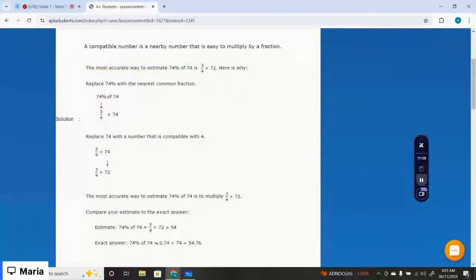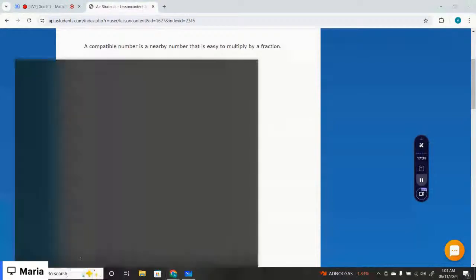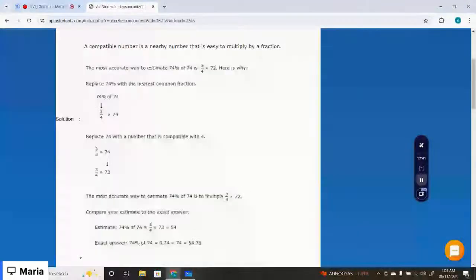So you need to just evaluate. 3 by 4 times 72 is 54, right? So the correct option is 54.